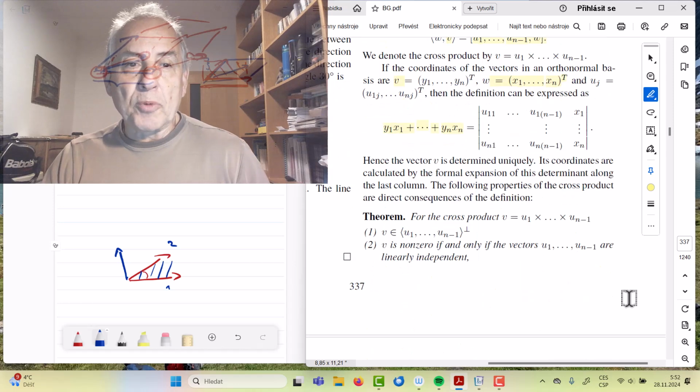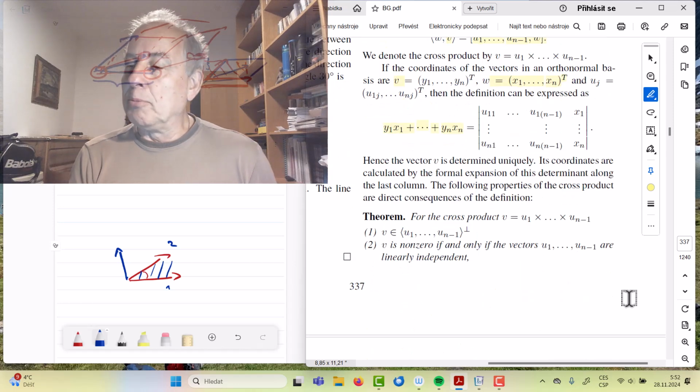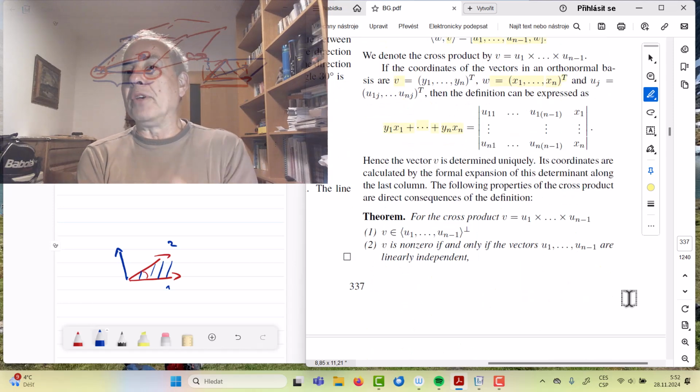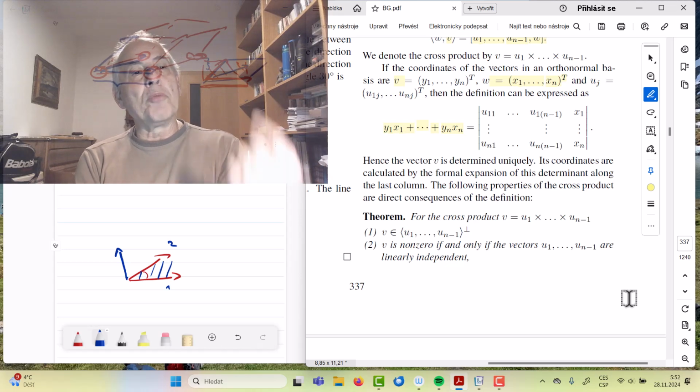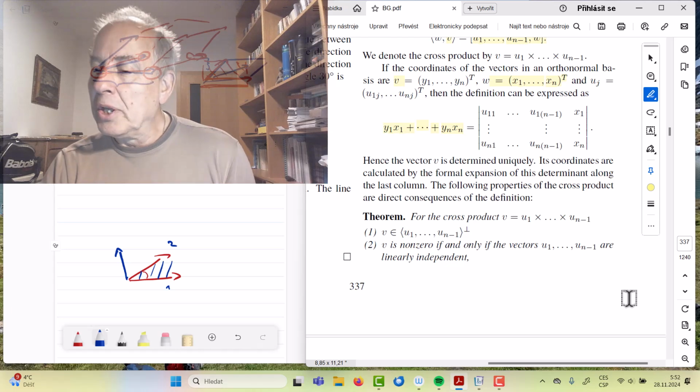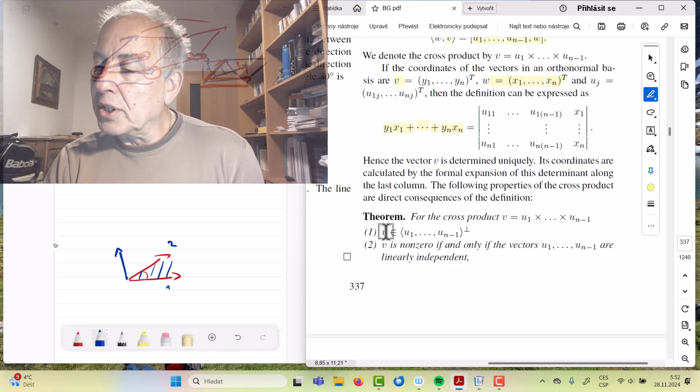Right, and the cross product is a very, very nice object used, say, in computer graphics or everywhere else where you want to get something which is perpendicular and under control, because as you see, it's always perpendicular. It's non-zero if and only if the other n-1 vectors, so the arguments of the cross product, are linearly independent.